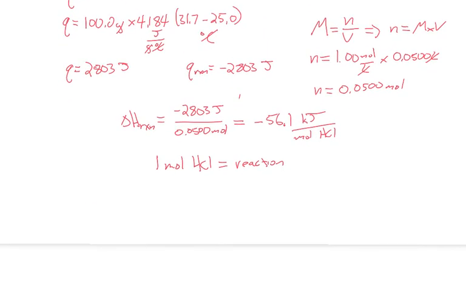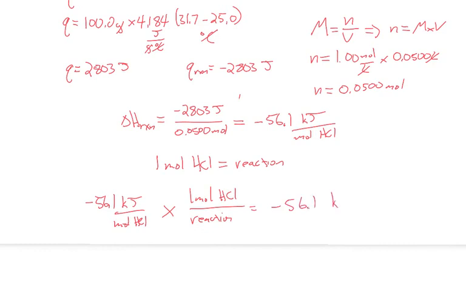But I have minus 56.1 kilojoules per mole of HCl, and that's times 1 mole of HCl in the reaction. So it ends up being minus 56.1 kilojoules. And so that's how the book gets rid of the moles in the kilojoules per mole.